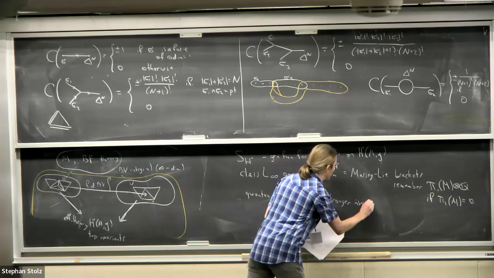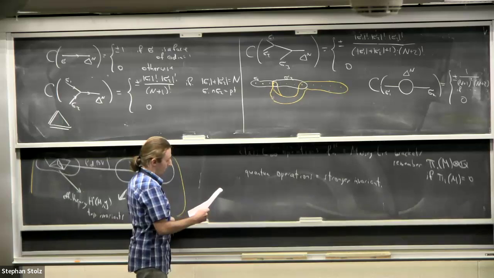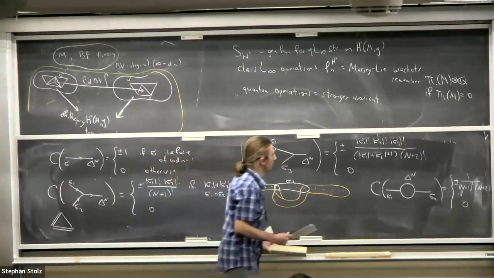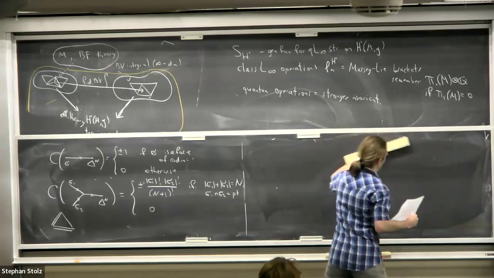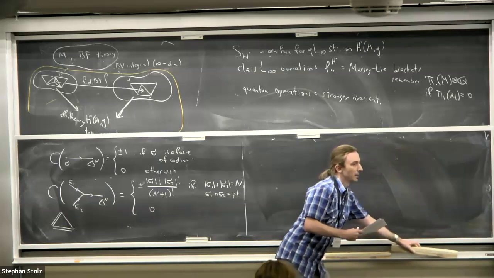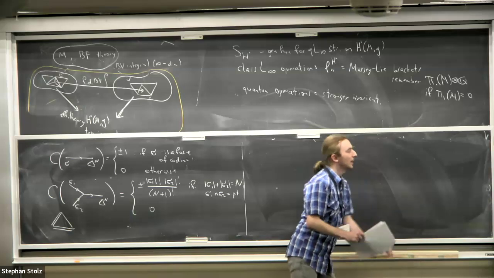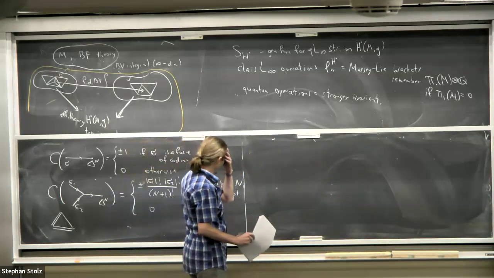Let me maybe give you one example. They are not homotopy invariants. Sorry? They are not homotopy invariants. They are supposed to be a simple homotopy invariant, but there could be subtleties here.